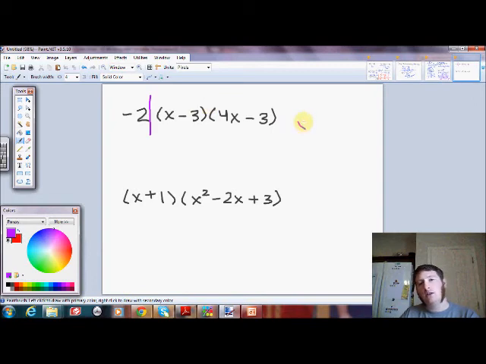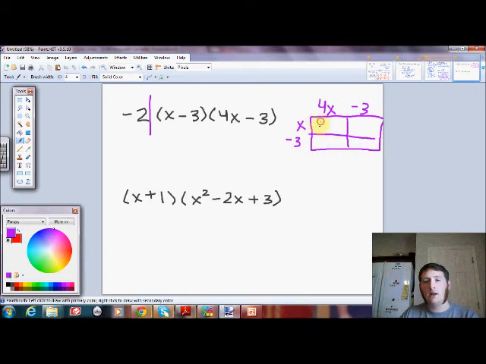Let's go out to the side here and do a box real quick. x minus 3, times 4x minus 3. So we multiply here, we get 4x squared minus 3x minus 12x, and then negative 3 times negative 3 is positive 9.